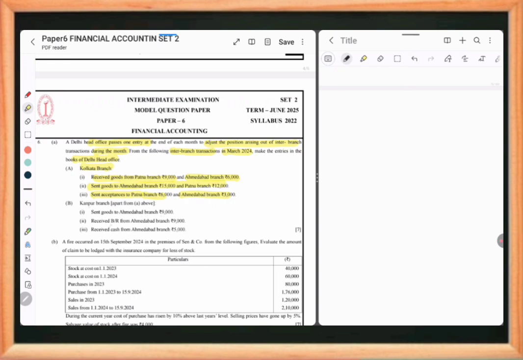Then received cash: Kanpur branch is the receiver, Ahmedabad branch is the giver. So we have to prepare the consolidated inter-branch transaction statement. We calculate the net balance, who has to pay and who has to receive, and follow like that.